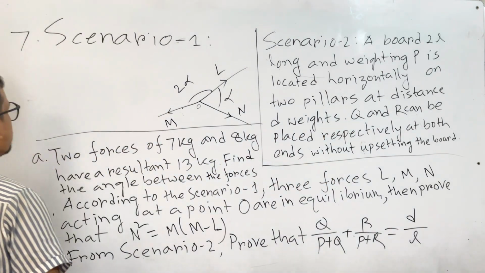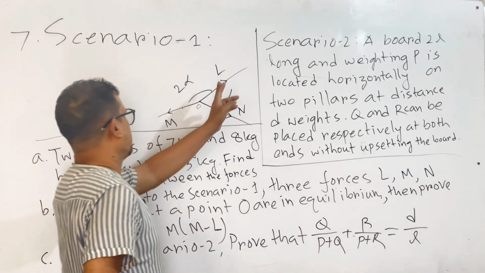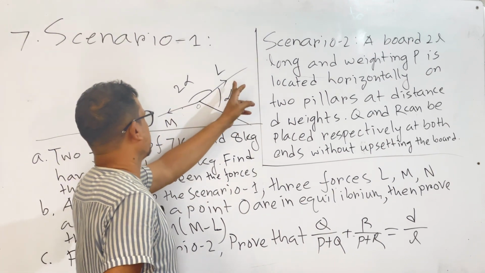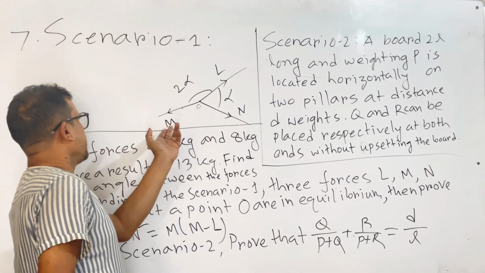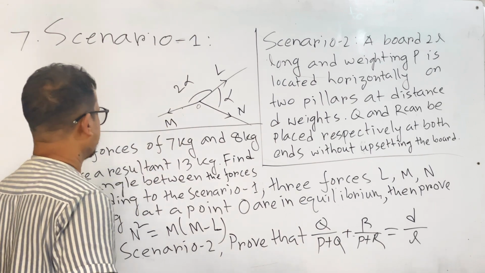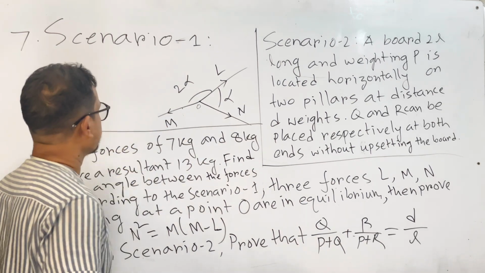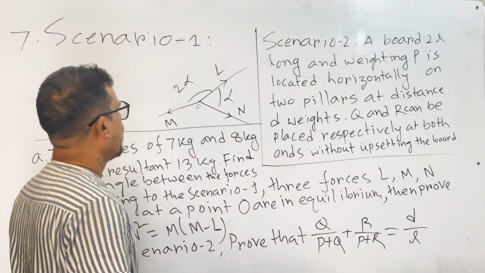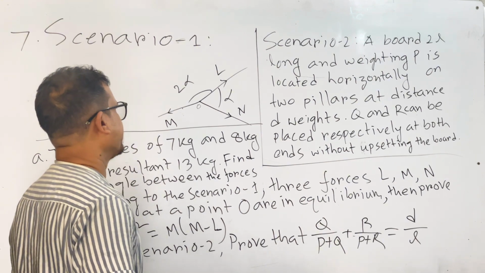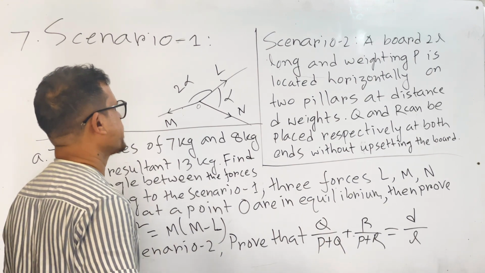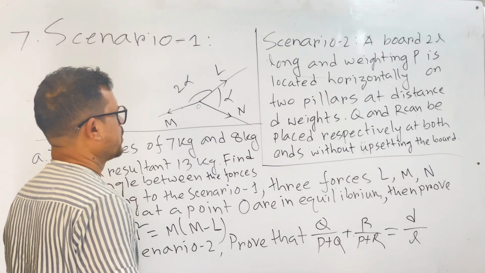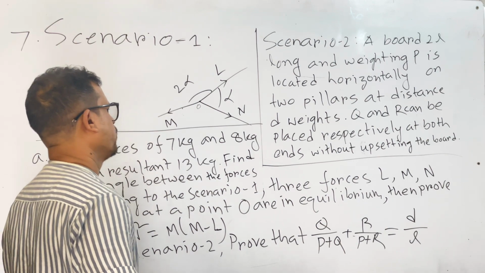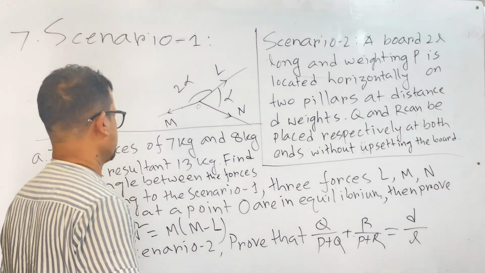I can say in scenario 1, this is L force, this is M force, this is N force, and alpha between M and L, 2 alpha, this is O. And scenario 2: a boat 2L long and weighing P is located horizontally on two pillars at a distance D, where Q and R can be placed respectively at both ends without upsetting the boat.